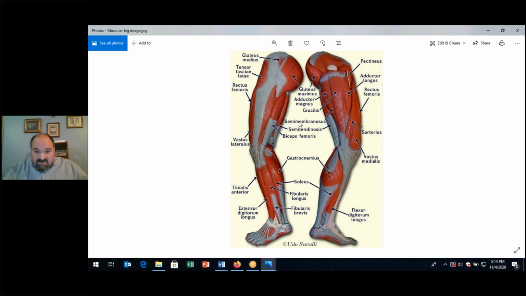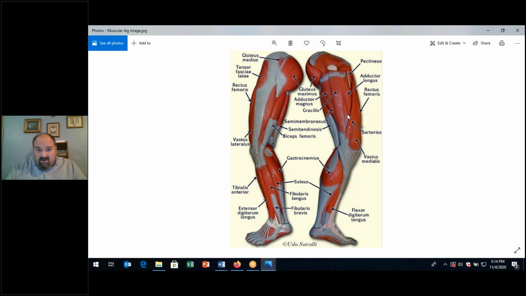So semimembranosus right here, you can see a portion of it on the medial aspect of this model, and it's also medial inferiorward, more distal towards the knee, in the popliteal region, posterior to the knee. So this is the hamstring muscles. So again, biceps femoris, semitendinosus and semimembranosus. Semimembranosus is medial and deep to the semitendinosus.